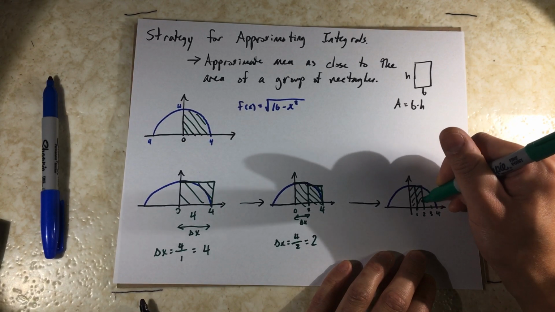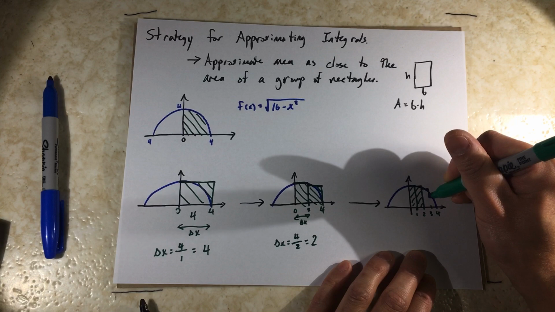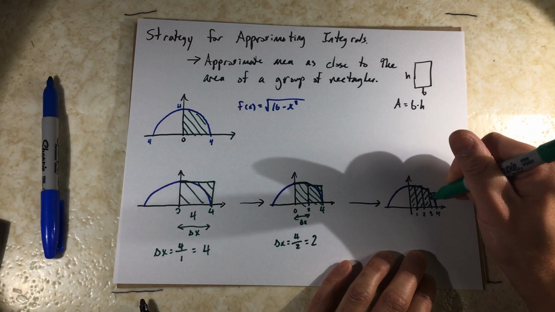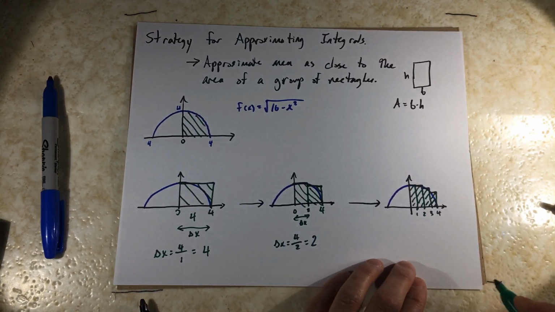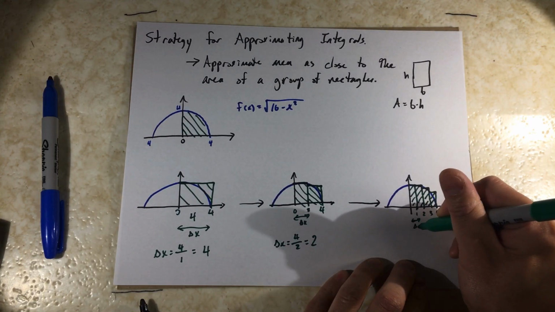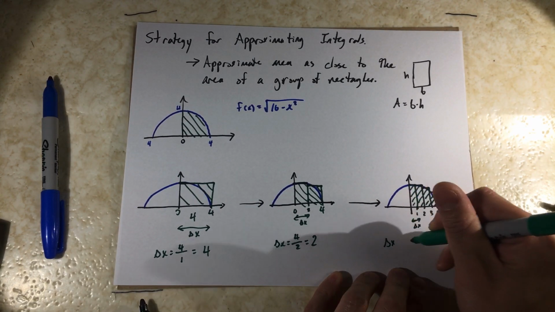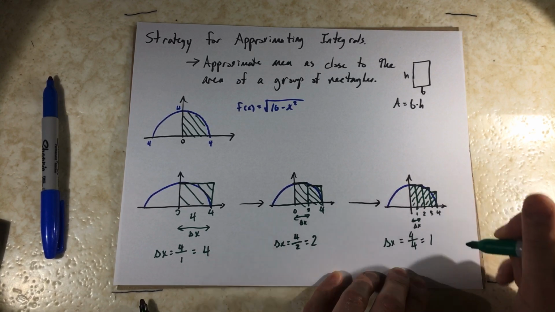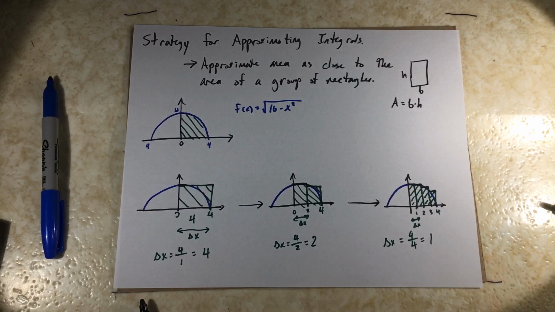Those two will be very close looking. And this one's a little bit shorter, and this one's a little bit shorter, right? So delta x is even smaller. Delta x is equal to 4 divided into 4 pieces, so delta x is 1. So the width of each of those is 1.